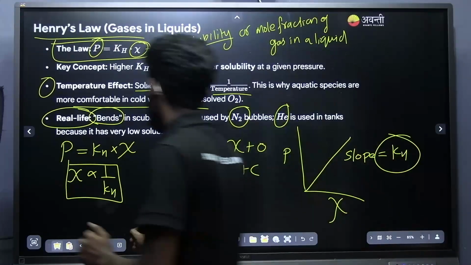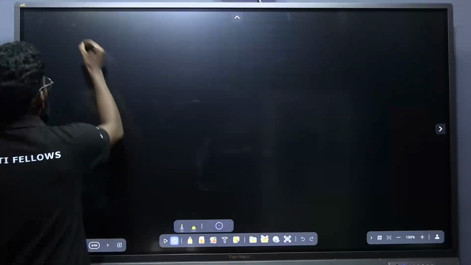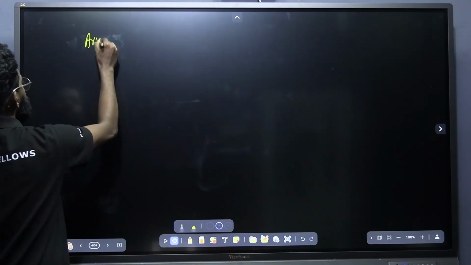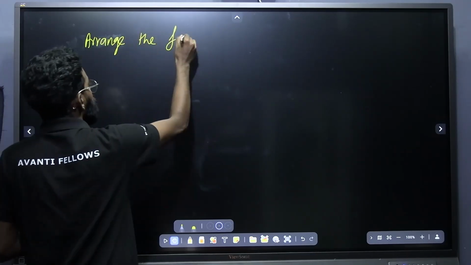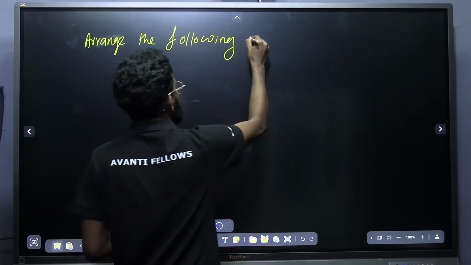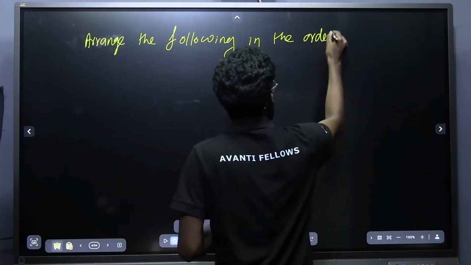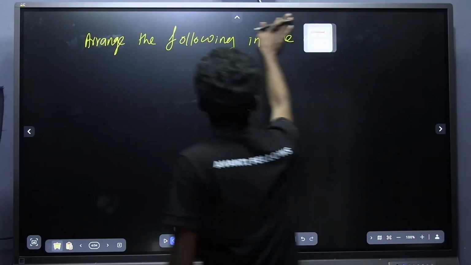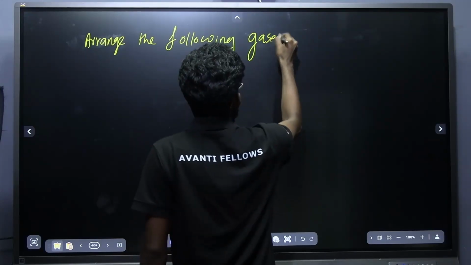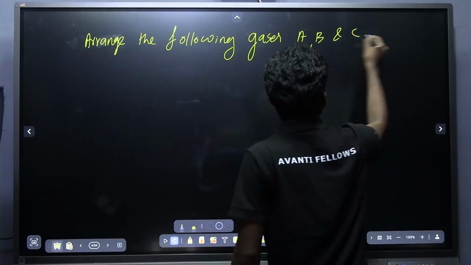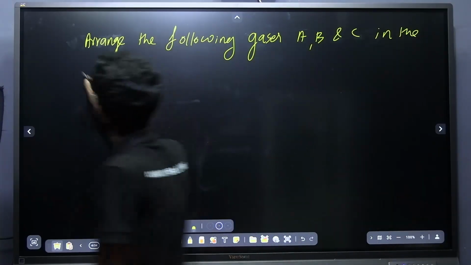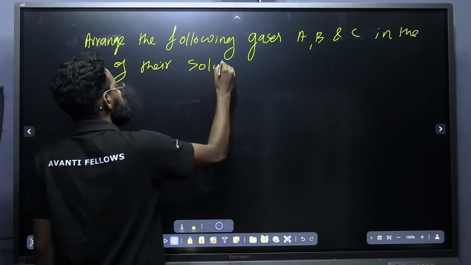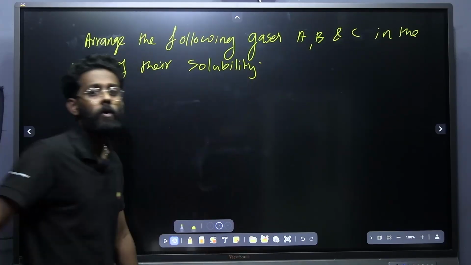Now I want to add one question which can come in the NEET exams. Arrange the following gases A, B and C in the order of their solubility.